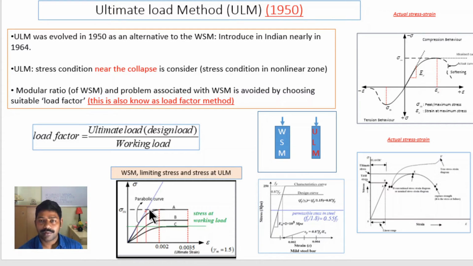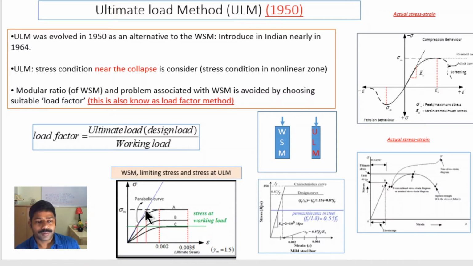How is it achieving this? It applies one load factor. Whatever stress was developing under the working load, if you apply the load factor, that will be extended to the ultimate load.